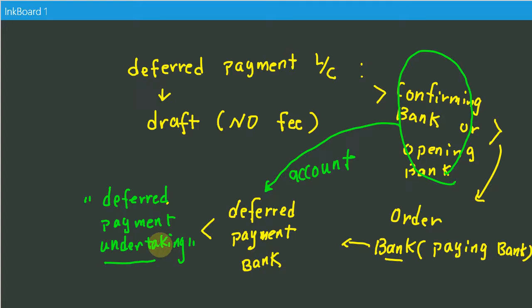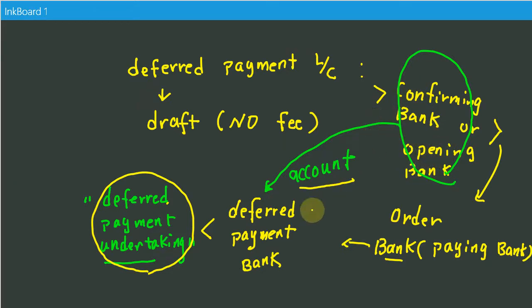Okay, deferred payment undertaking. This document proves that a certain number of days later, the deferred payment banker will pay from the account of the confirming bank and opening bank.